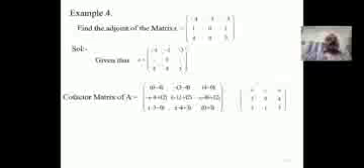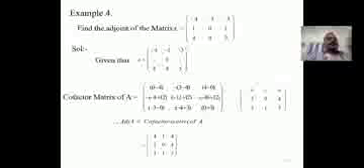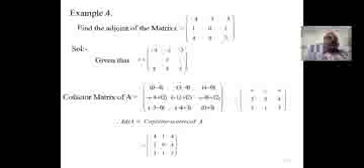Now we have to find the adjoint matrix. The adjoint of A is the transpose of the cofactor matrix, which is [[-4, 1, 4], [-3, 0, 4], [-3, 1, 3]]. Its transpose gives [[-4, -3, -3], [1, 0, 1], [4, 4, 3]].